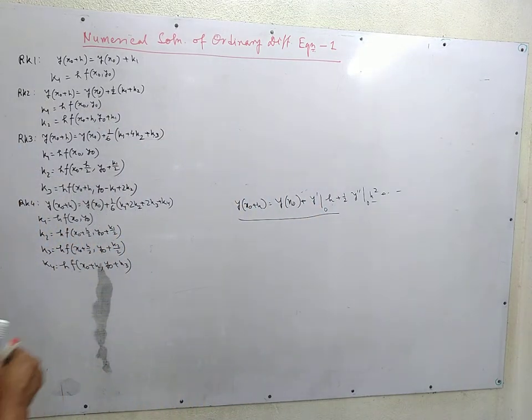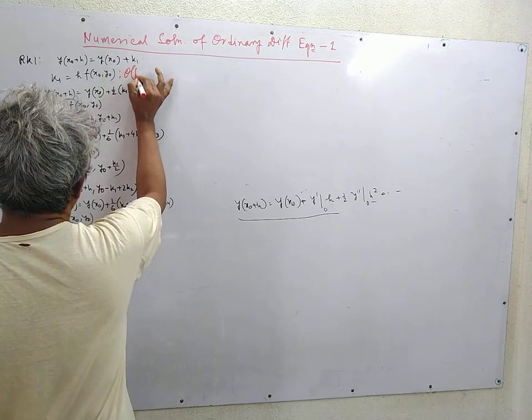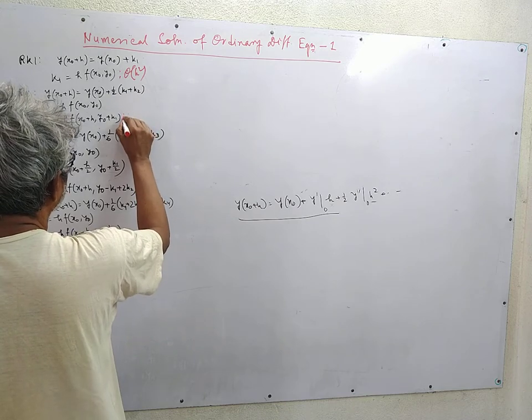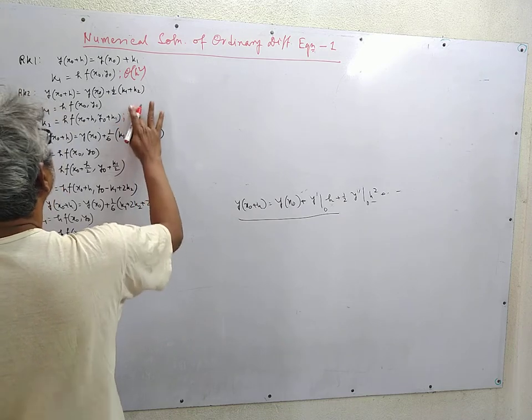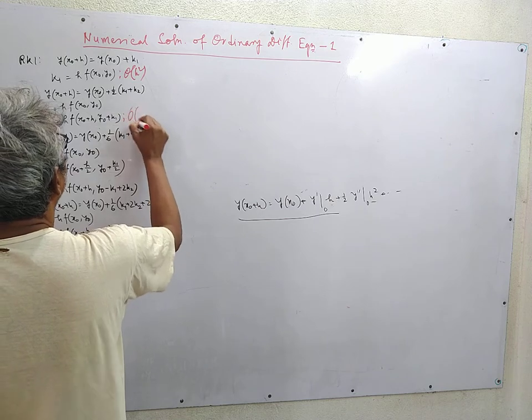In that sense, the error involved in this method is of the order of h square. Similarly, the error involved in Runge-Kutta 2, RK2, is h cube.